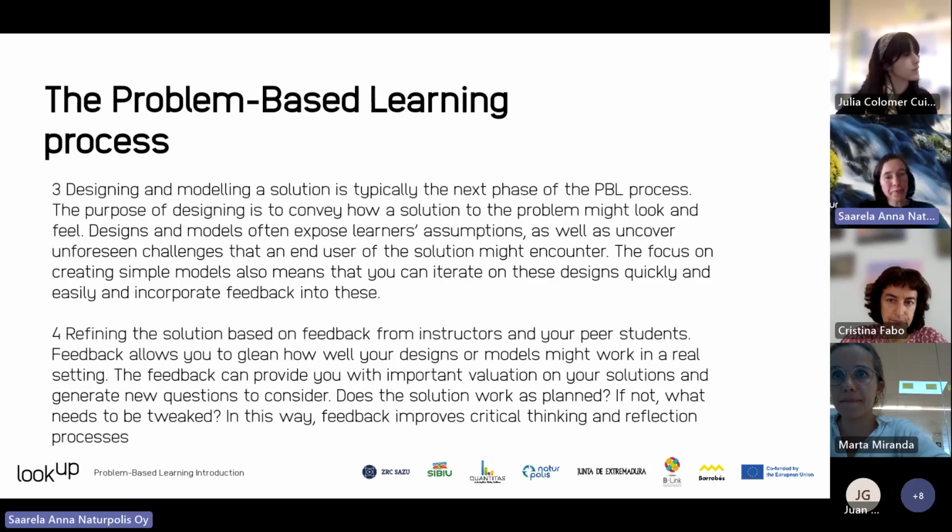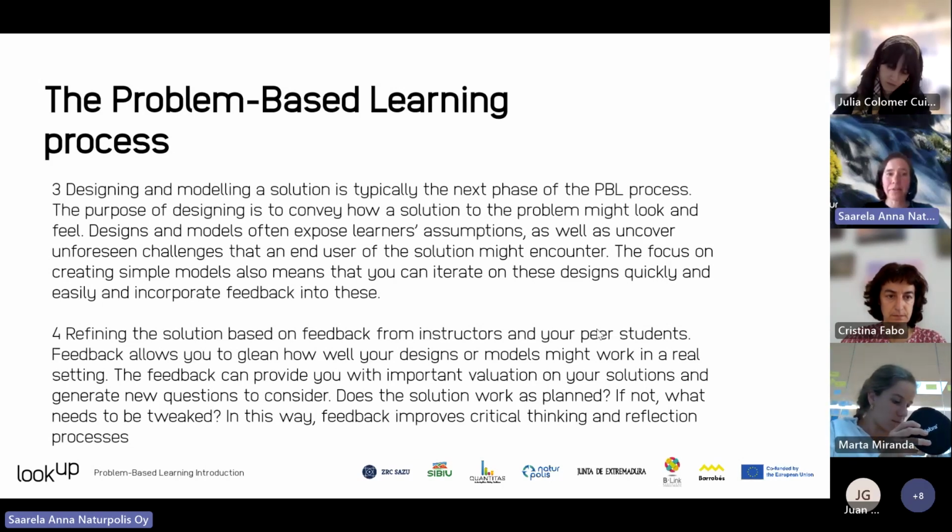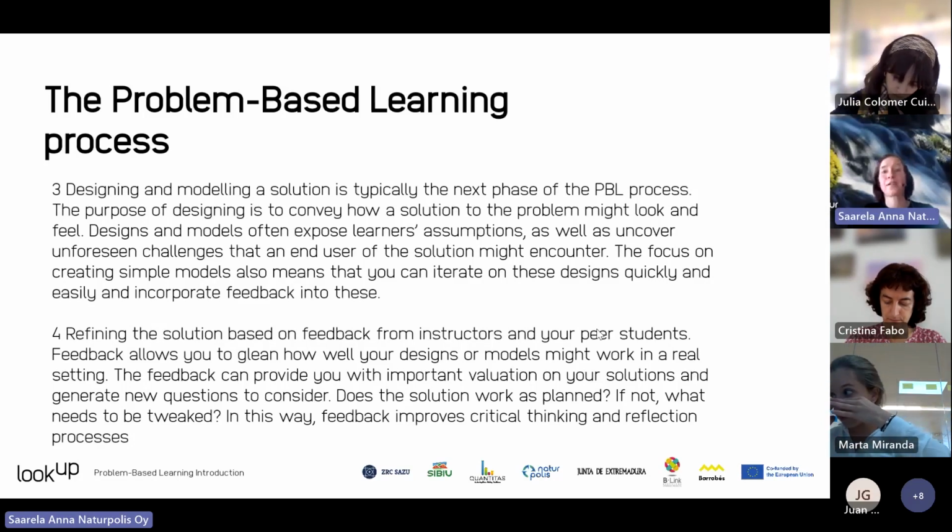The third phase in this process is to design and model a solution. The purpose of modeling or designing a solution is to convey how a solution might look and how it might feel. As these designs usually expose your assumptions, they might also uncover unforeseen challenges that an end user of the solution might encounter.